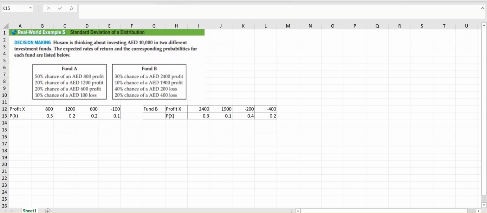So we're going to calculate the expected value for Fund A. Let's do that right here.